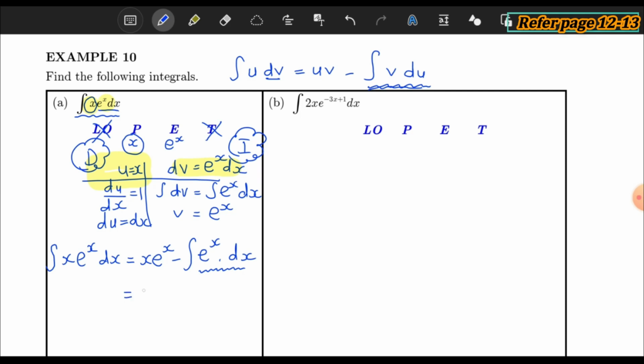And now, we copy x exponent x, the uv part, and then minus integrate exponent x, which is exponent x divided by 1, or exponent x only. And we need to write plus c. Okay, so this is the step 4 by parts technique.